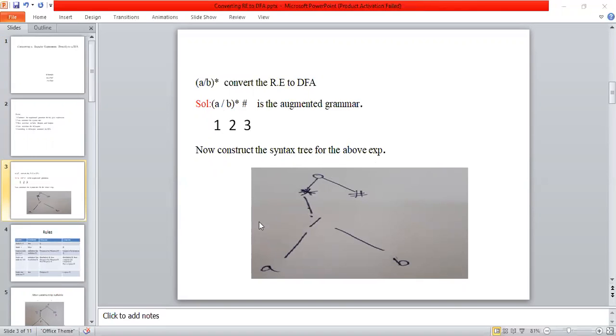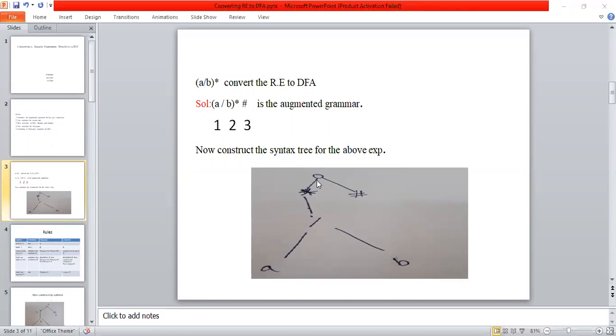First I construct a or b, then this entire value gets the star. Then the entire value is joined with hash by a dot, where the dot is a cat operator, which means concatenation of this entire value with hash. That is represented by a cat node.